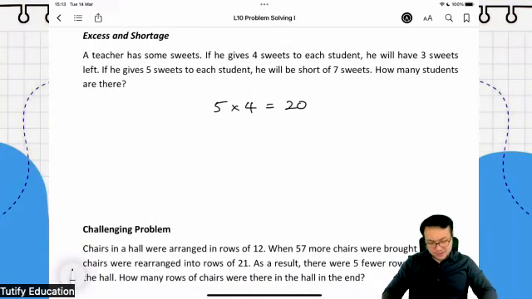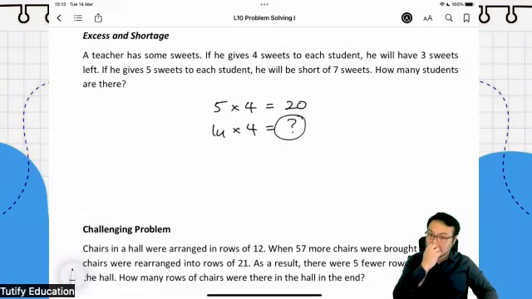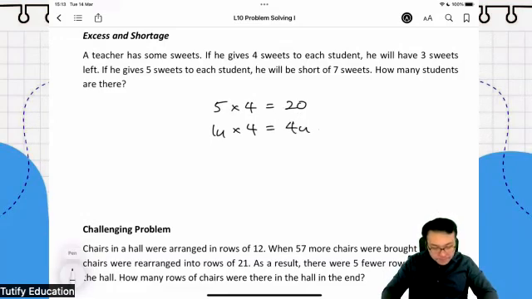Yeah. So actually, I cannot write 5, right? So since I don't know the number of students, why not I just say that there is one unit of students, can? Yeah. Then if I give each of them 4 sweets, how many sweets do I need altogether? 4. For what? 4 units.